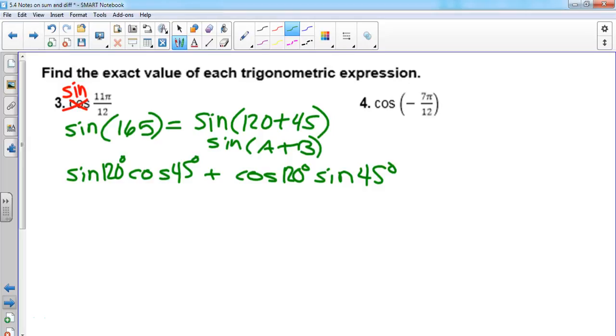Okay, do some trades for me. This was a 2, right?